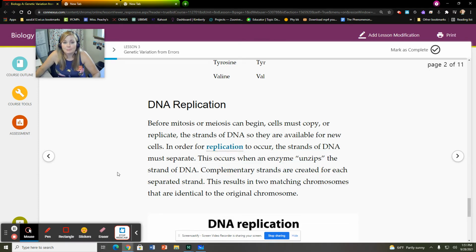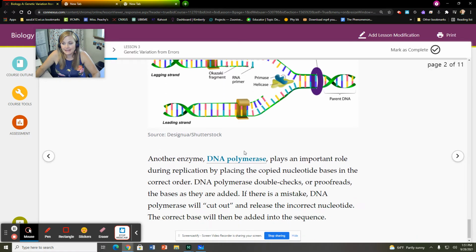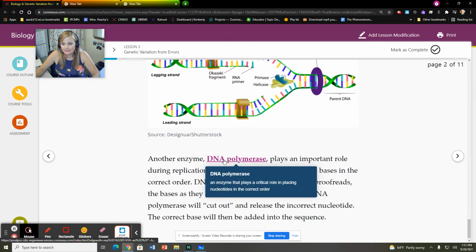But this replication process begins when that double-stranded DNA is unzipped and unwound, and then it is copied so that the old strand of DNA serves as a template to make a new strand of DNA. The copying is done by an enzyme called DNA polymerase, and DNA polymerase does a bunch of different things.